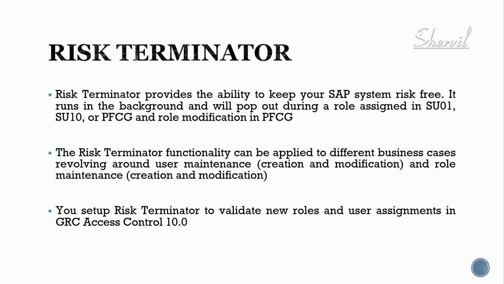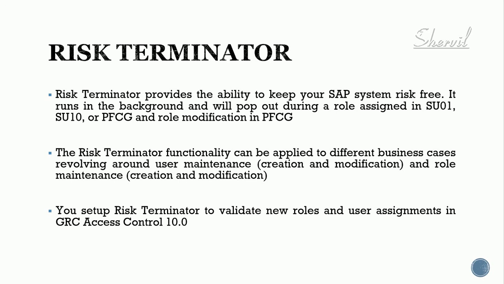To simulate how risk analysis works for role maintenance and user provisioning, we will use three scenarios. One is creating roles using PFCG in the plugin system, where we'll try to assign two conflicting transaction codes into the role and see what happens.